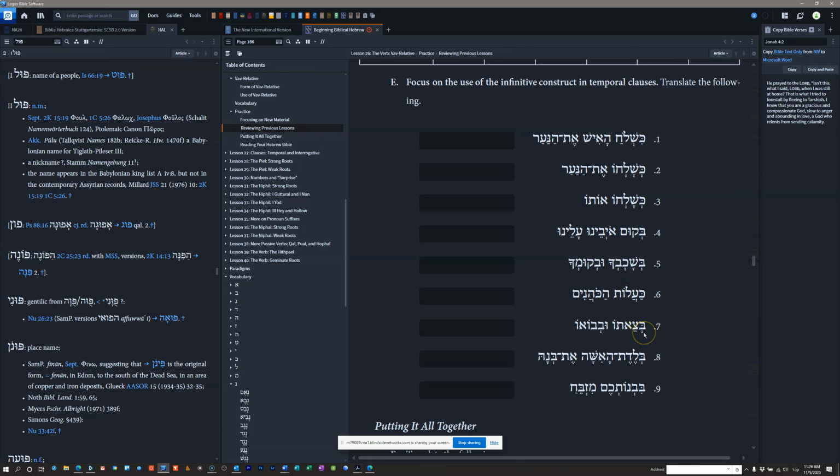All right, so let's do, I guess, number 3 here. Vayehi, so again, setting the scene in the past. Bilkod, so this is lakad with the bet preposition. So when to take, oyvenu. So when our enemies took, past tense because it's set in the past. When our enemies took what?